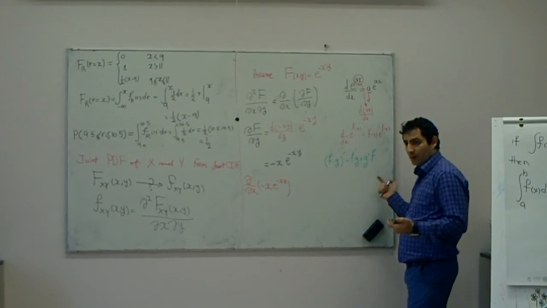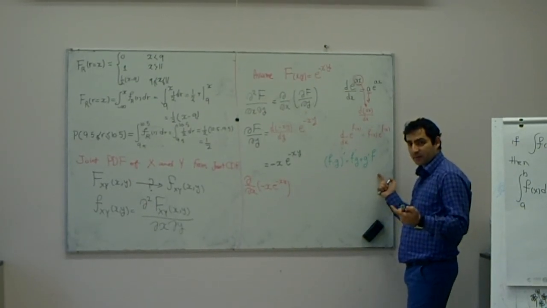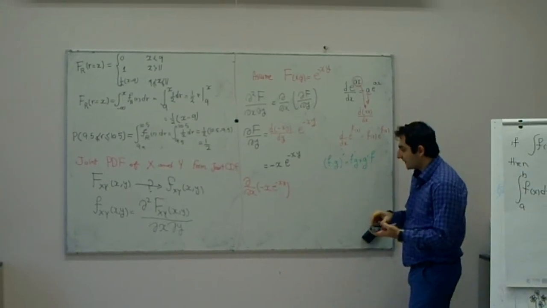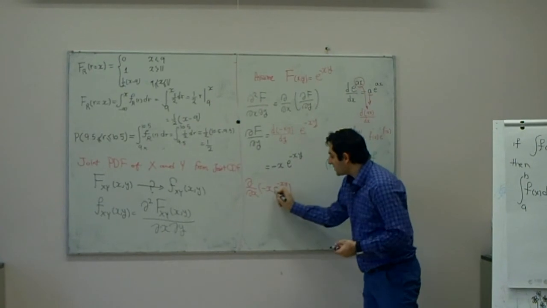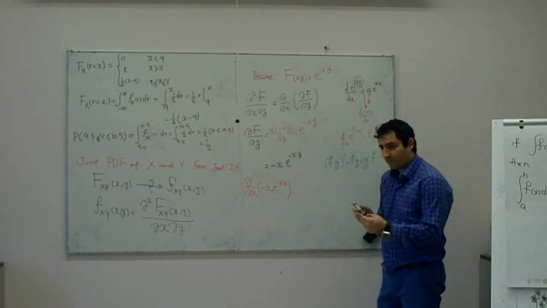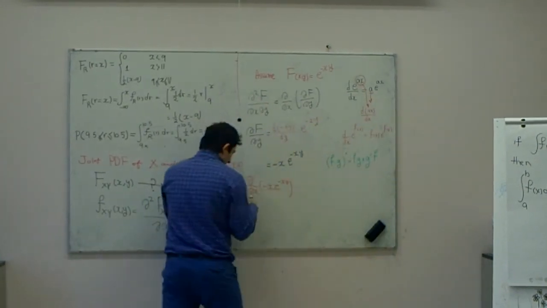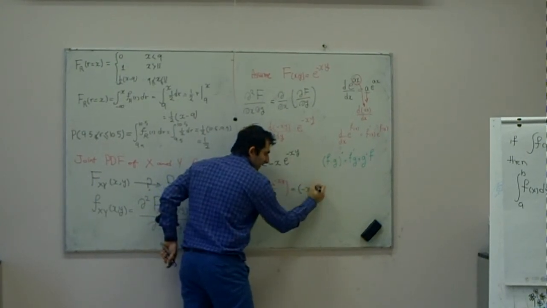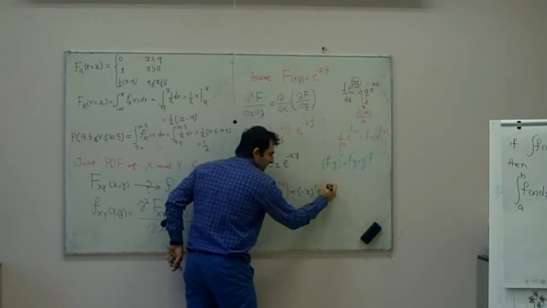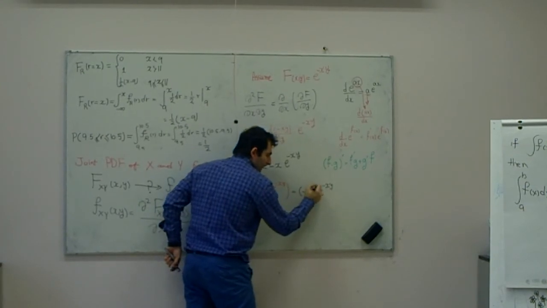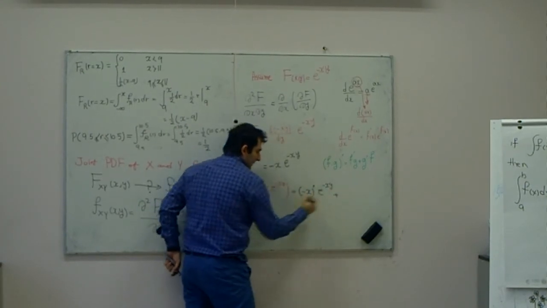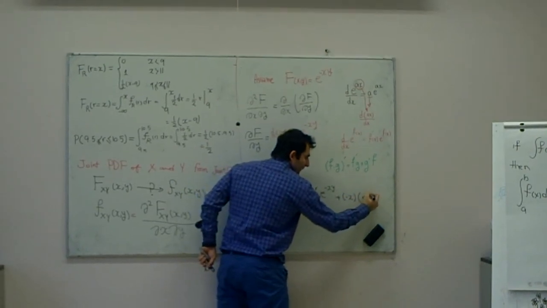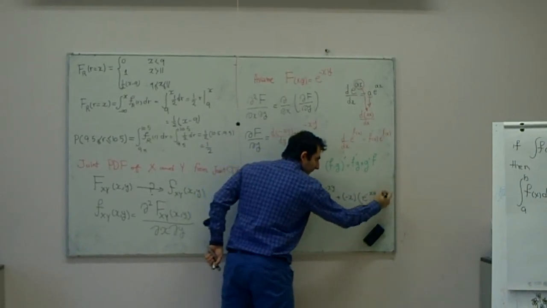Do you remember this formula? The derivative of multiplication is this. Now, I have a multiplication in here, right? So it will be the derivative of minus x prime multiplied by e to power minus xy plus the minus x multiplied by e to power minus xy prime.